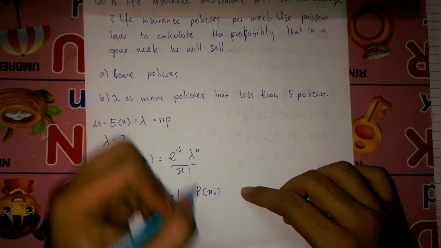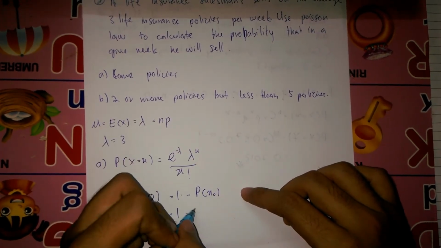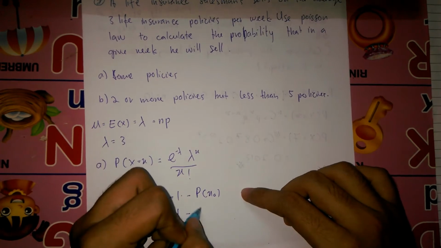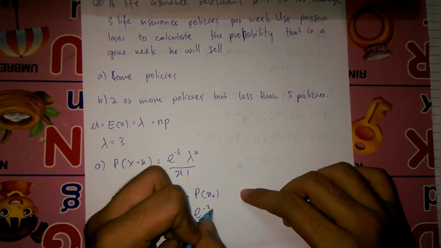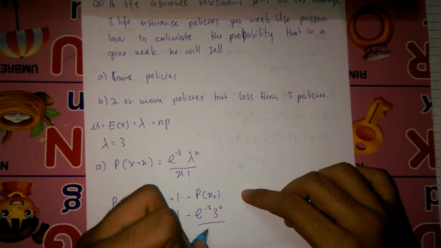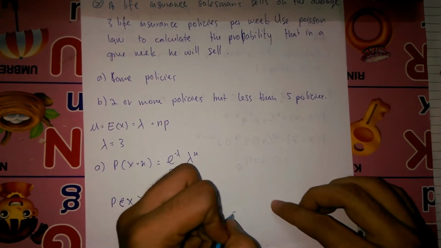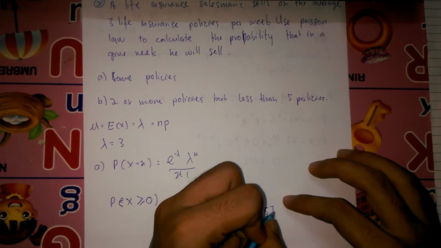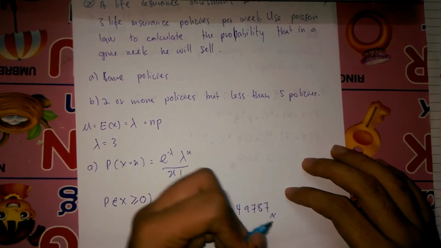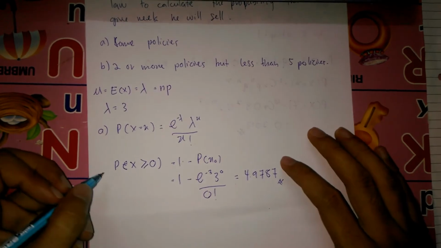We put in the equation, replacing e to the power negative 3, 0 factorial, and we get the answer 0.9502.